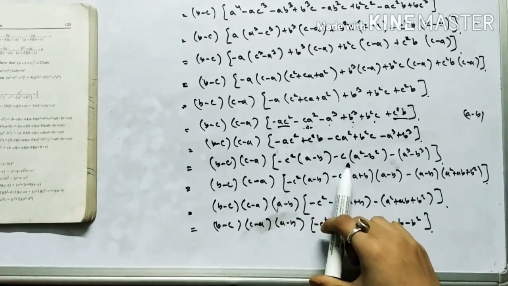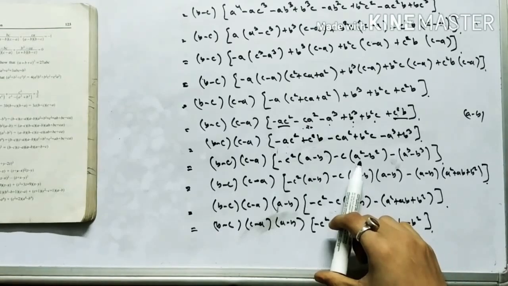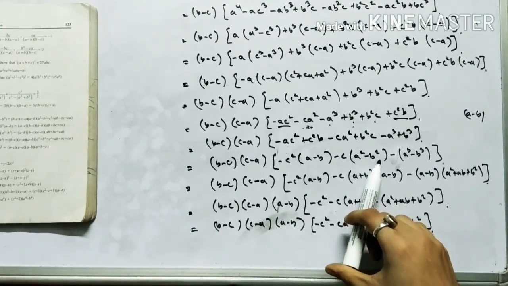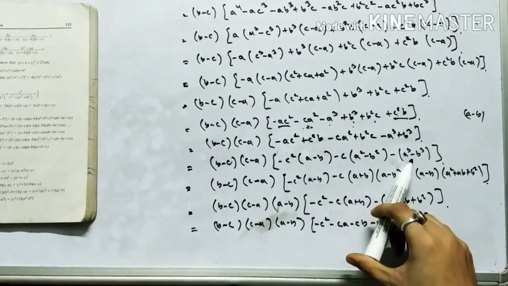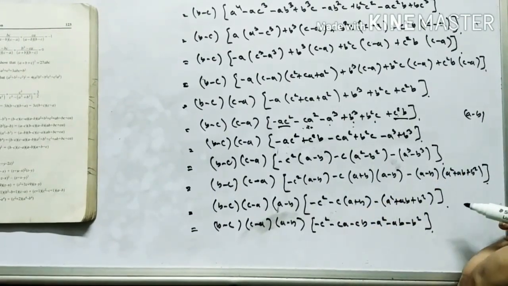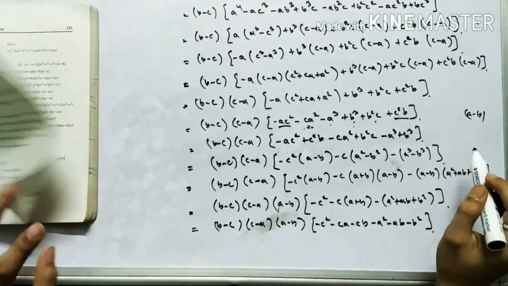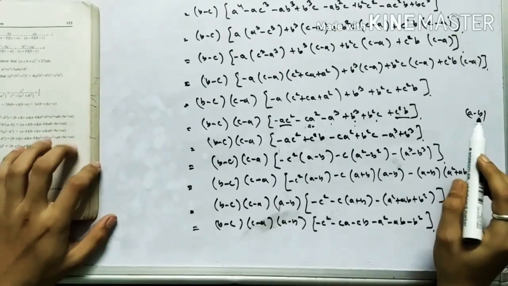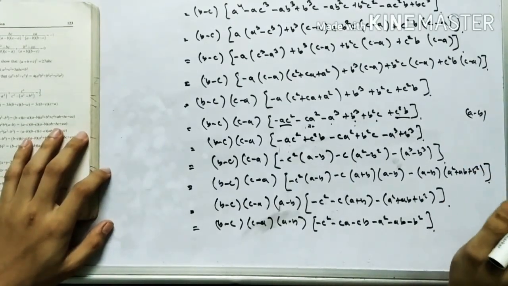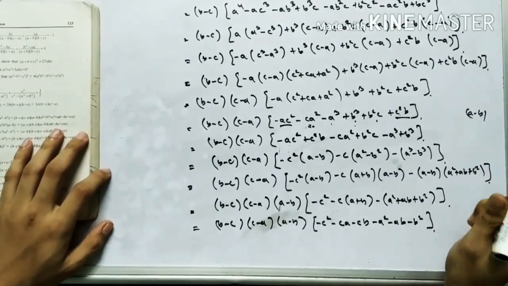Then again minus c, if I take common, this one will be a square minus b square minus a cube minus b cube. Minus c square common, minus c minus a.